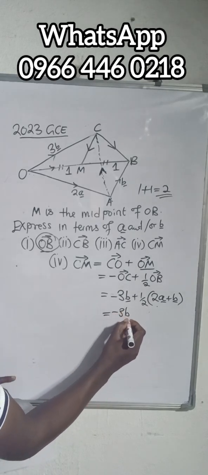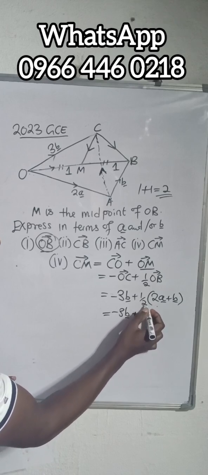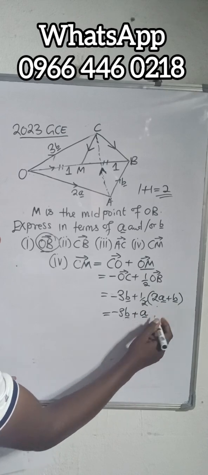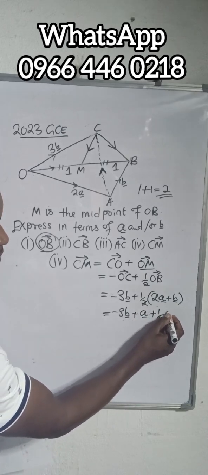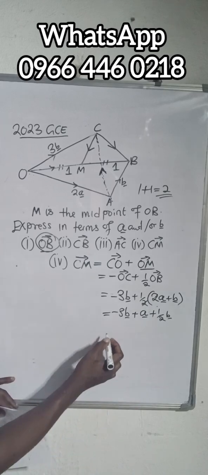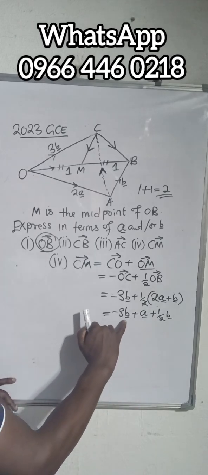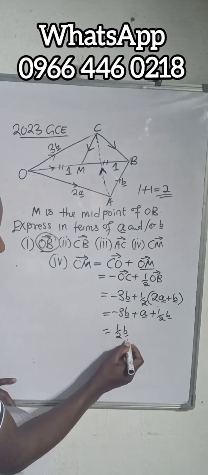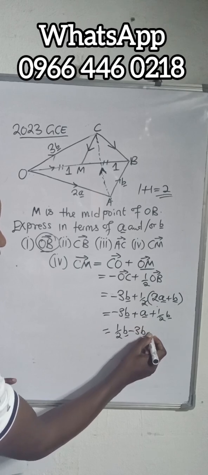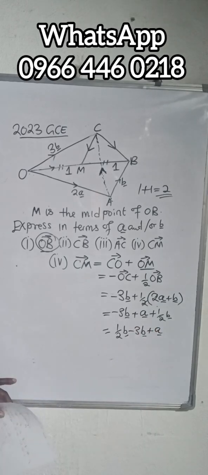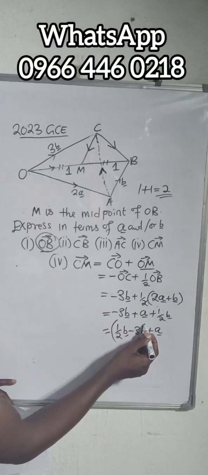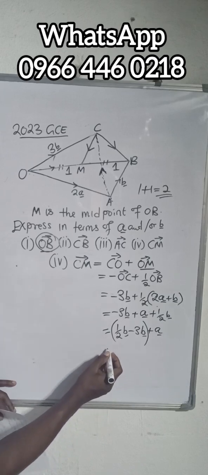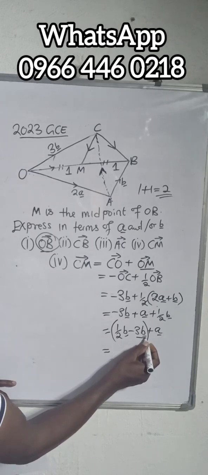So negative 3B plus, this times this, so the 2 and this 2 go. So you just have this, then half times that, you're just going to have this B. And then we know the like terms, this B and that B, so we're going to have half vector B minus 3 vector B plus vector A. Then we can find the combined fraction by finding the lowest common denominator. Put over 1 there.